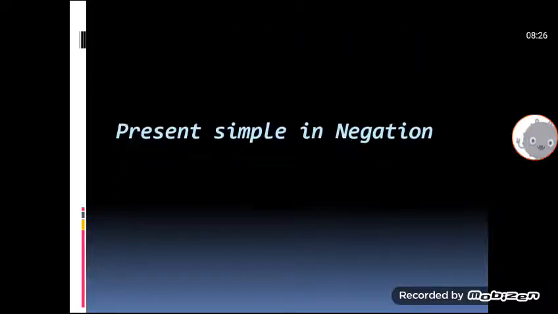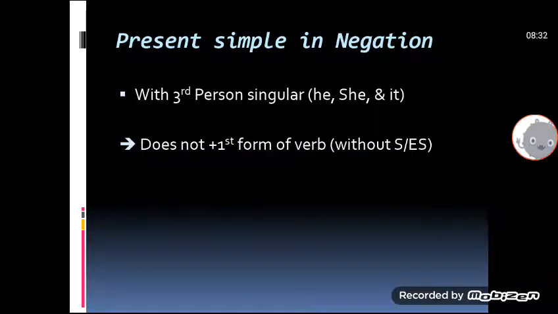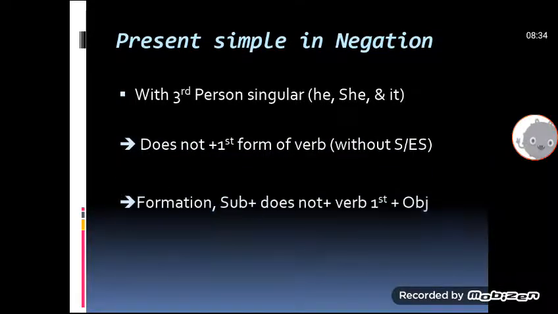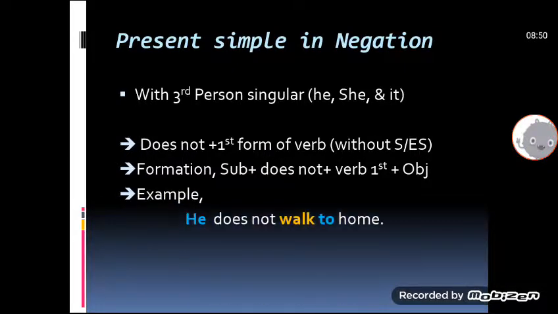Clear? Okay, next. Present simple in negation with third person singular, he, she or it. The formation will be subject plus does not plus verb first plus object. Clear? Okay, look at the example, you may understand.